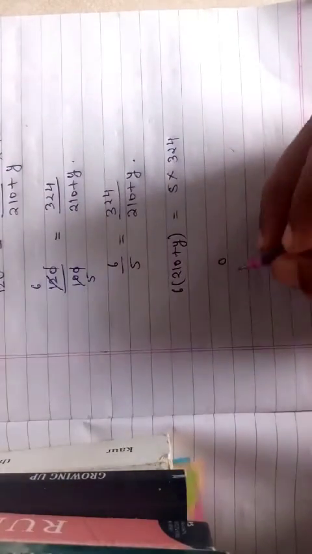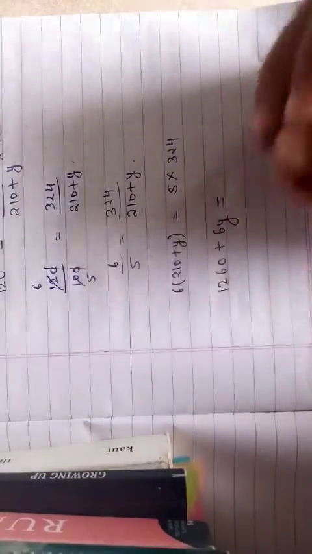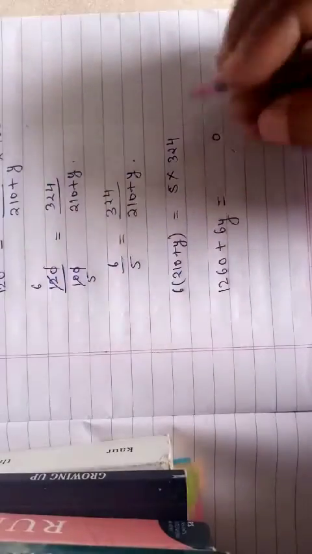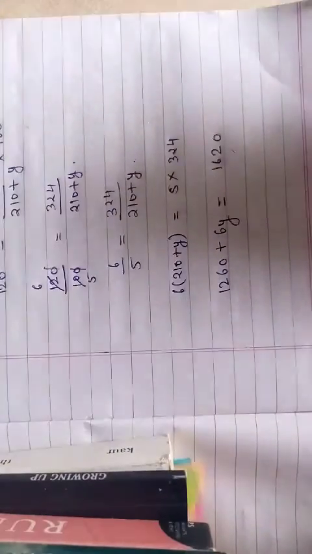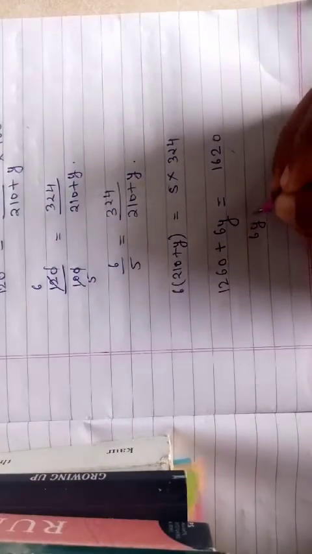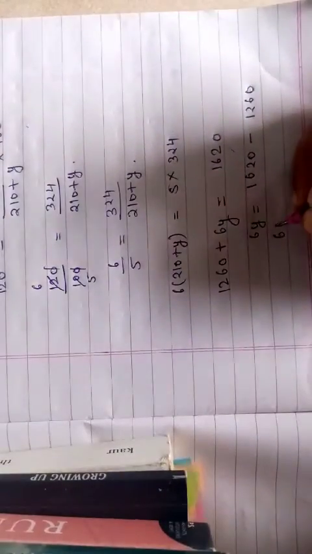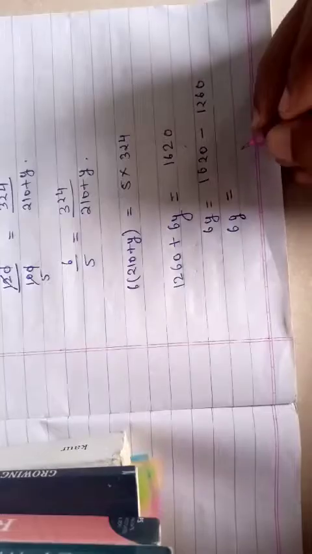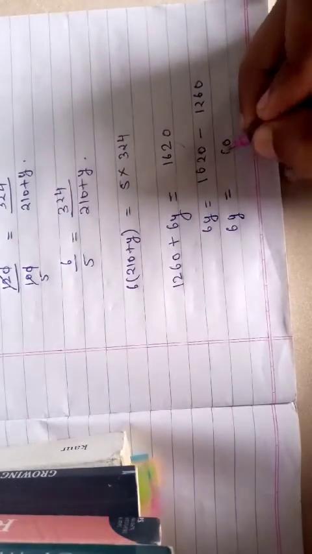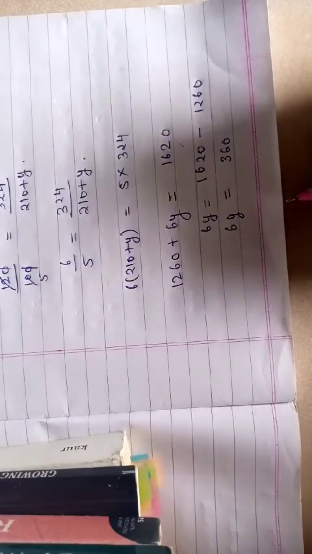Now we multiply: 0, 6 2s are 12, so 1260 plus 6y, which is equal to 1620. Now take this number on that side, so you get 6y is equal to 1620 minus 1260, so 6y is equal to 360.